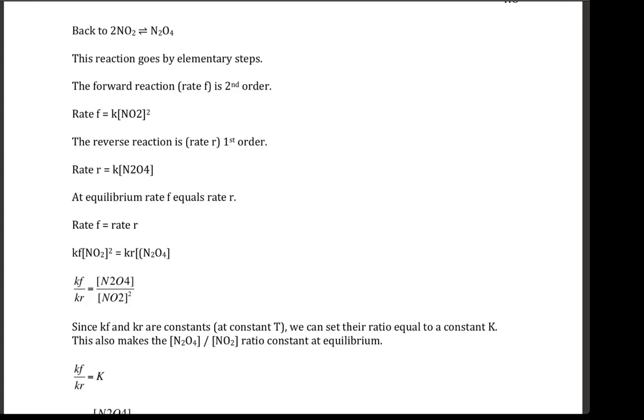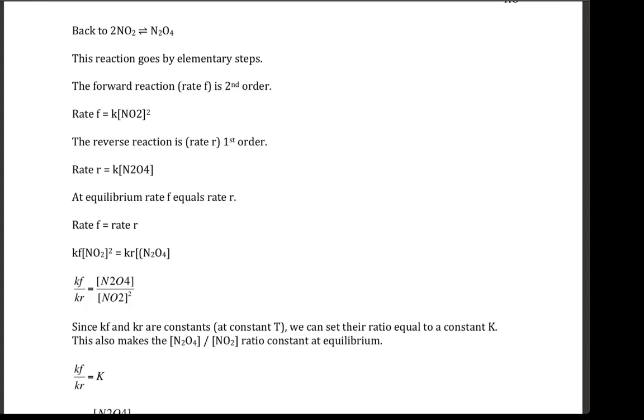The reverse reaction, for that one, N2O4 is simply decomposing to the products, and it's not having to hit anything else, so it's first order because, again, I've told you that it's an elementary step, whether forward or reverse.